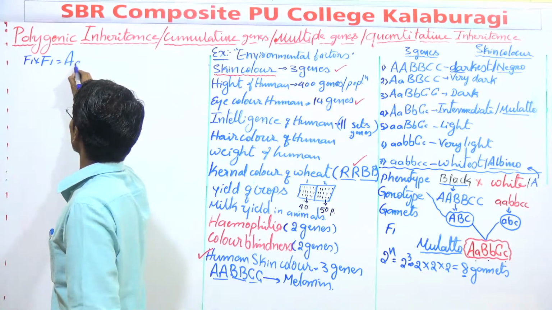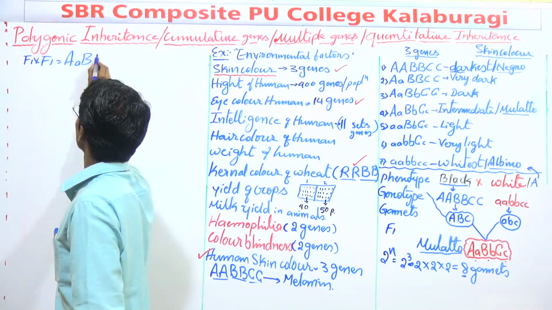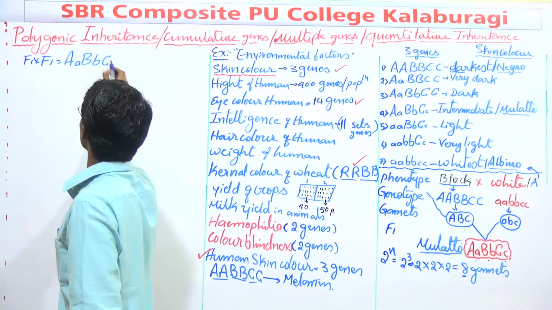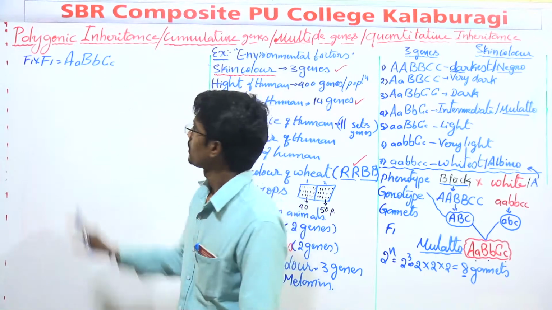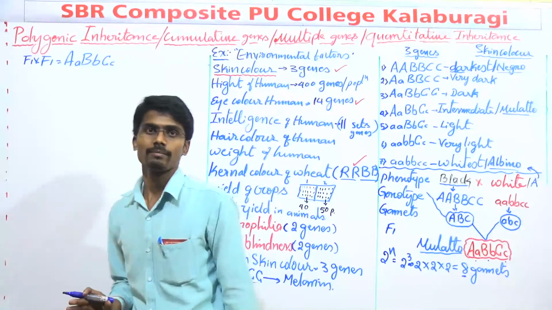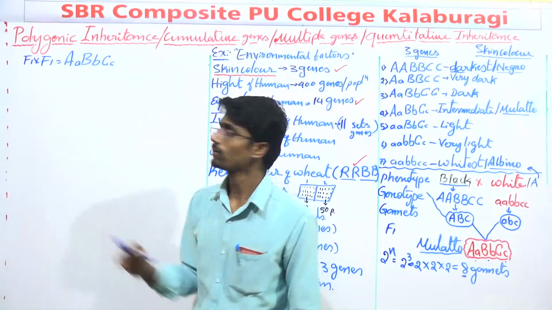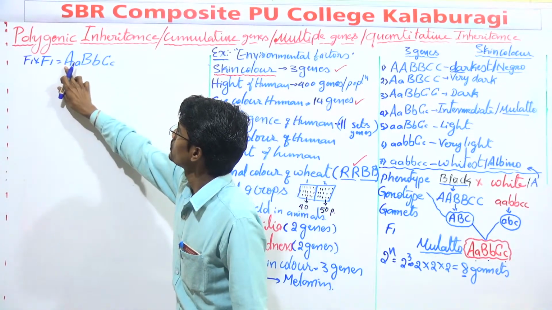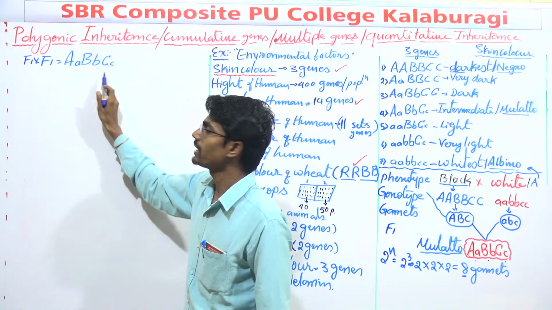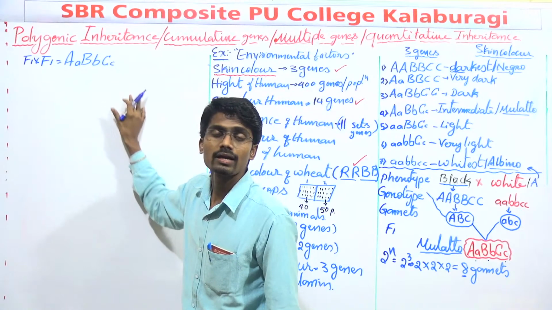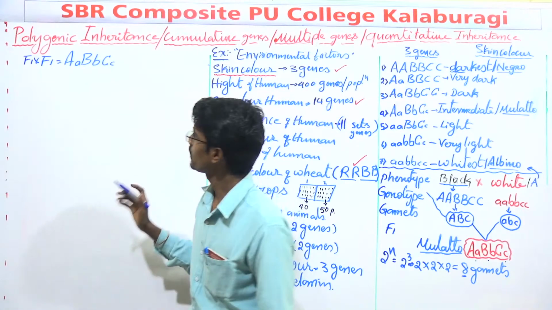This is about the Mulatto. This Mulatto produces how many gametes? Generally, it is 8 gametes. How? You can cross this A gene with B and C. Now you will get 8 gametes. Do you know how?